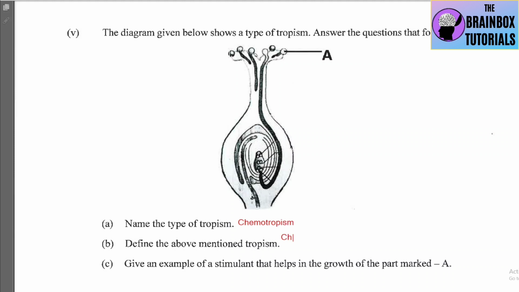So you will define that chemotropism is the phenomenon of growth of plant organs in response to chemicals.